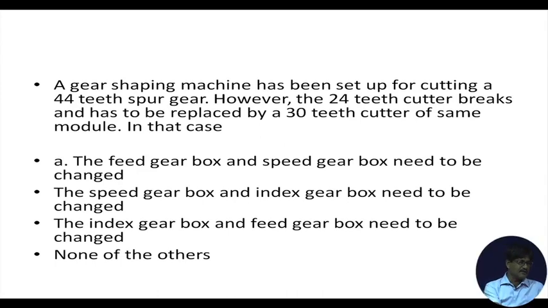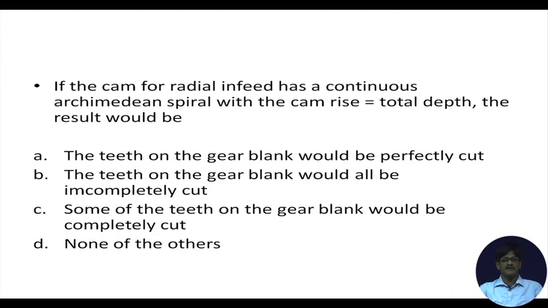Let us see, do we have any other options? Okay, we can take another one. If the cam for radial infeed has a continuous Archimedean spiral with the cam rise equal to total depth, the result would be: the teeth on the gear blank would be perfectly cut; the teeth on the gear blank would all be incompletely cut; some of the teeth on the gear blank would be completely cut.